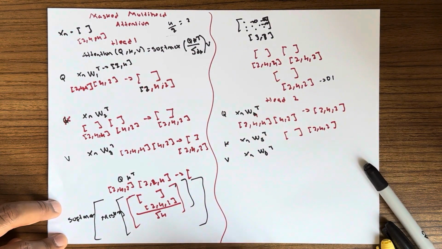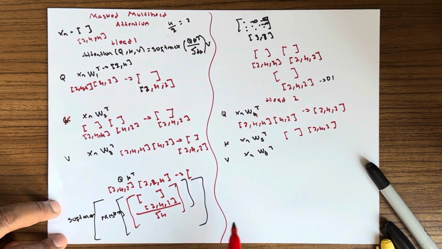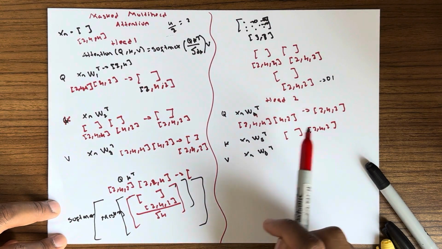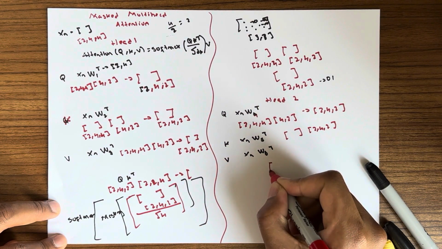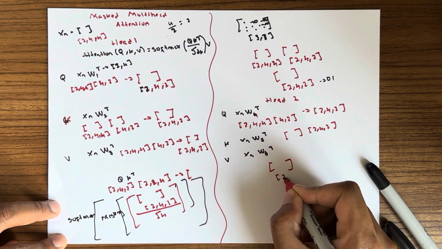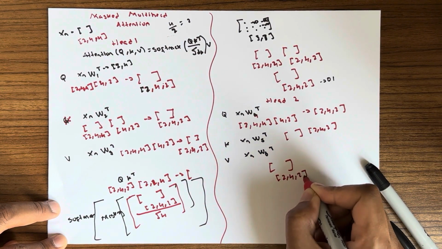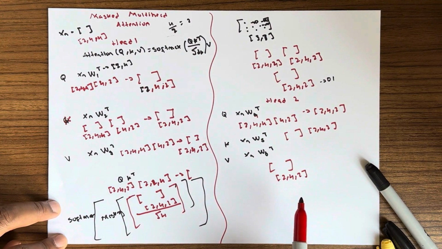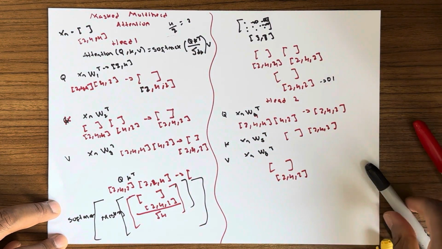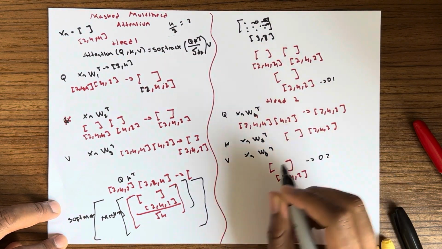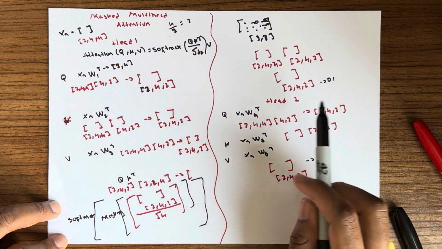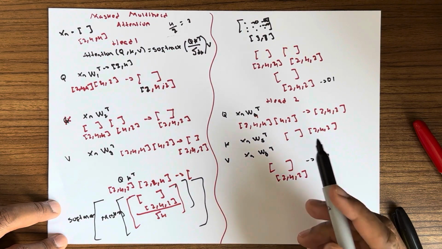We will then apply the masking, and apply softmax to end up with a tensor of the same dimension. So this is the output of head 2. Remember, these heads learn different relationships in the data.